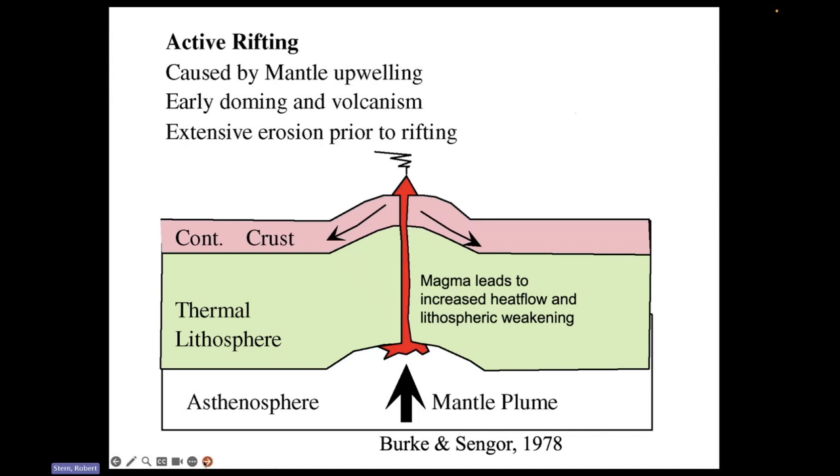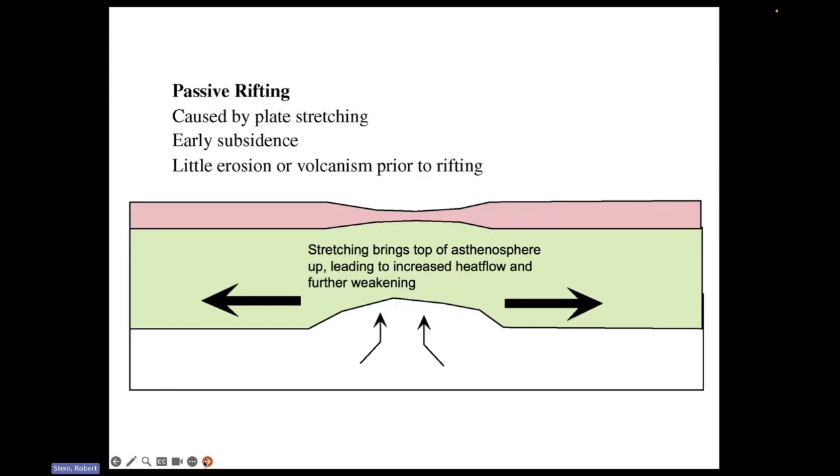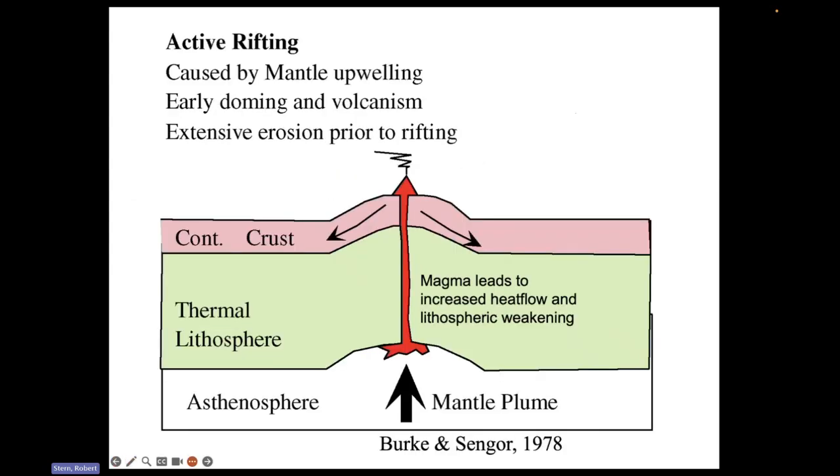So that's kind of my active rifting cartoon, and this is my passive rifting cartoon. So here we're extending the lithosphere, which allows the asthenosphere to rise, and this is caused by plate stretching for whatever reason somewhere. Now, can you see how a geologist might distinguish between these two examples?